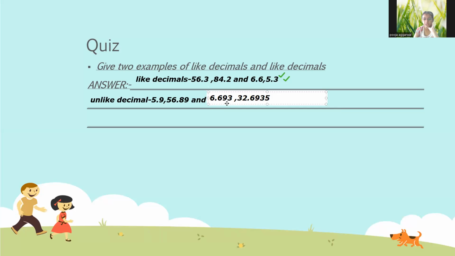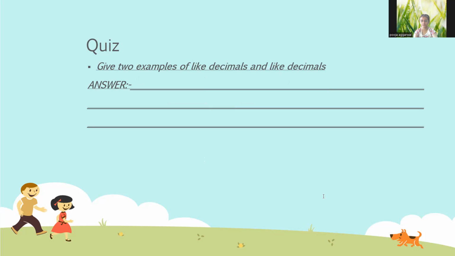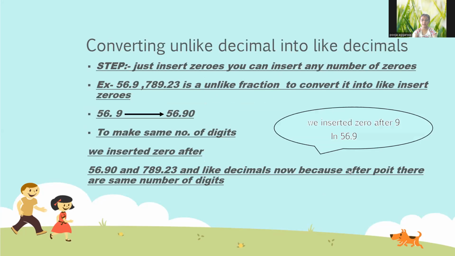So these are two examples. I think you are clear with the topic. Can we move on to our next topic? Yes. Okay, let's move on to our next topic.